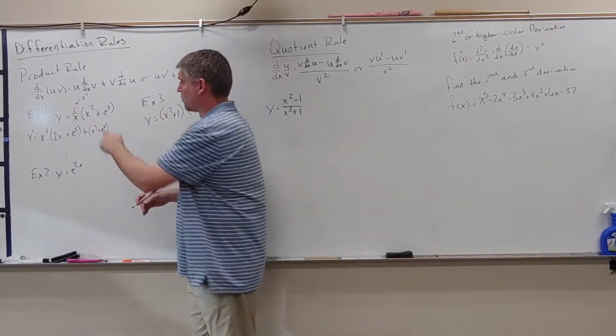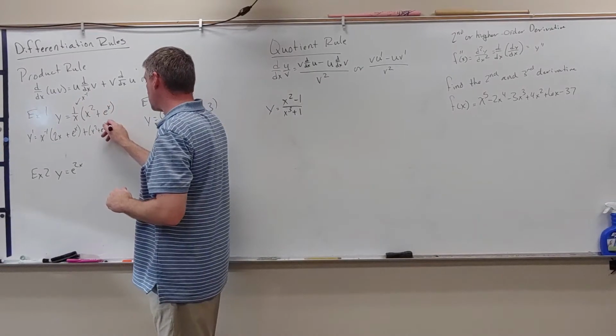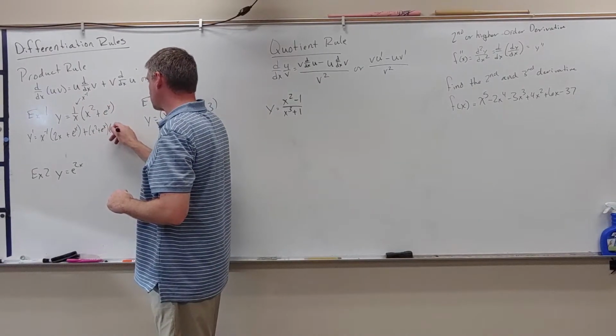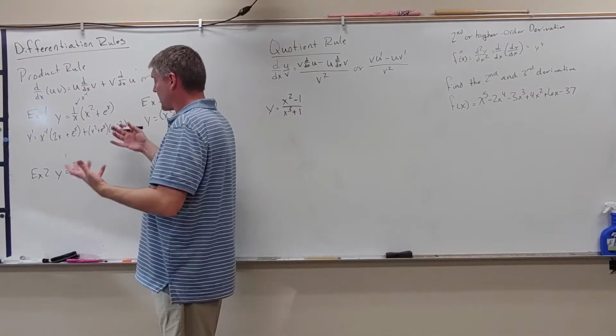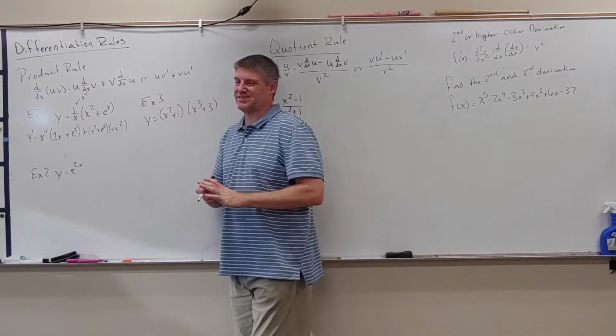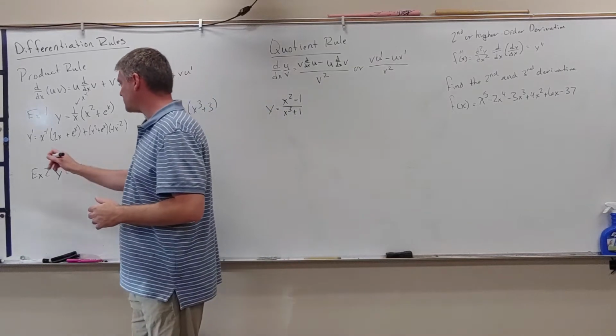Well, this is power rule, right? I'm going to bring my negative 1 down. So negative 1 times x to the negative 1 minus 1, which is negative 2, okay? I can distribute this. I could simplify this.